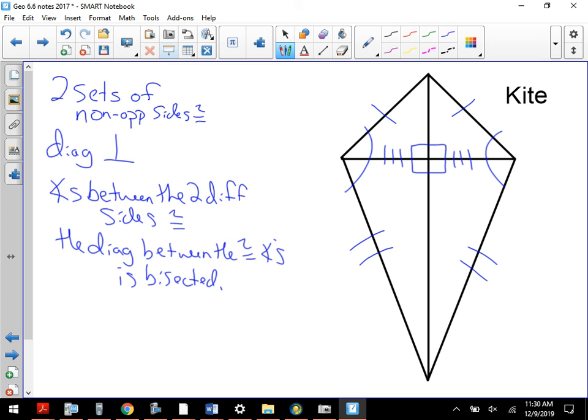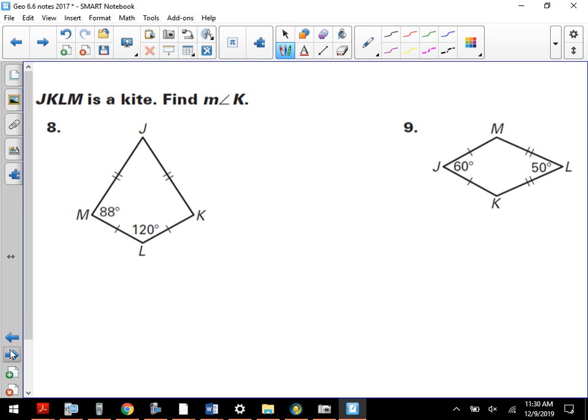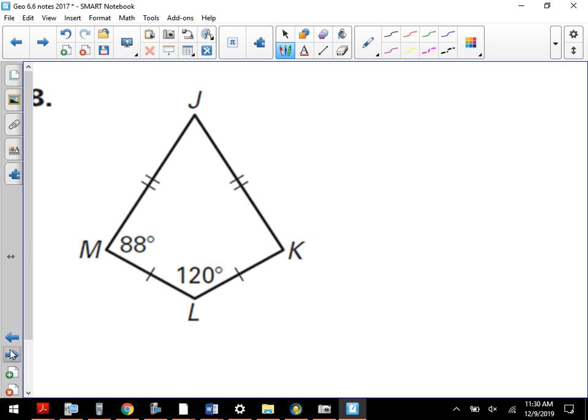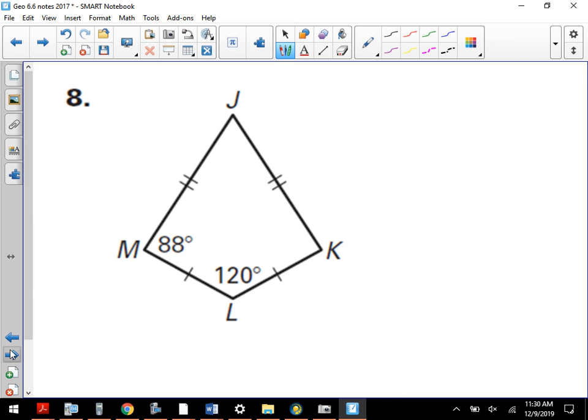Okay. So far, so good? Let's see. For example, this is going to be really difficult. Do you guys know the easiest way to draw a kite? Because I'm terrible at drawing these.